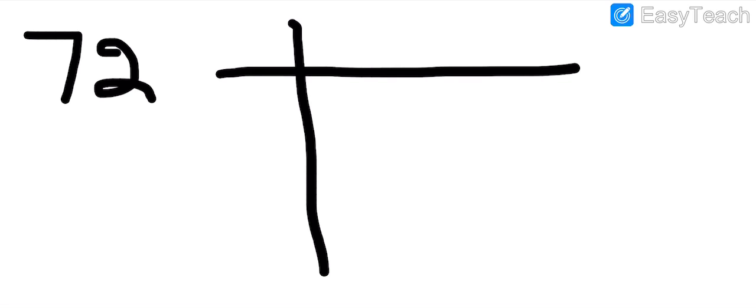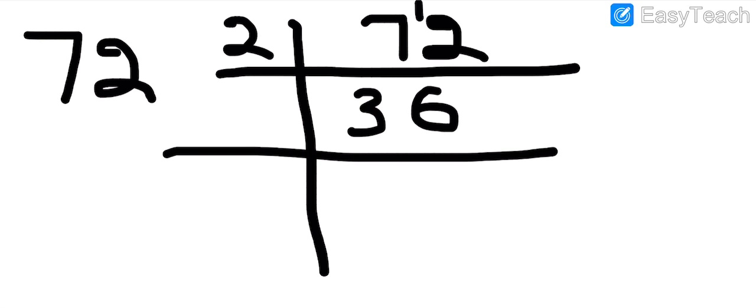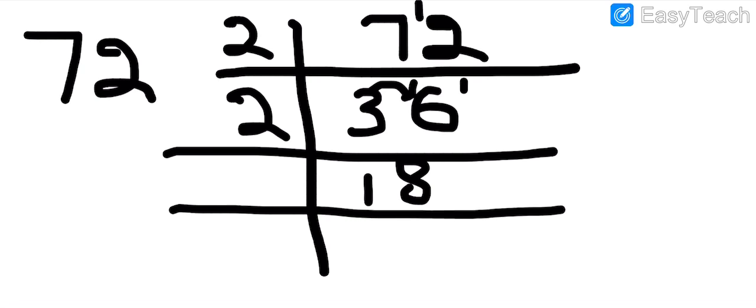We'll take this 72 here, and since the last number is even, we'll go with 2. 2 3s are 6, 1 will move here, 2 6s are 12. Then 2 1s are 2, 1 moves here, 2 8s are 16. Then 2 9s are 18.